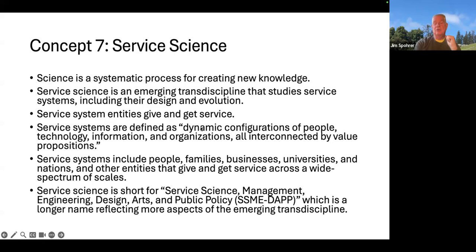And service systems are defined as dynamic configurations of people, technology, information, and organizations, all interconnected by value propositions.